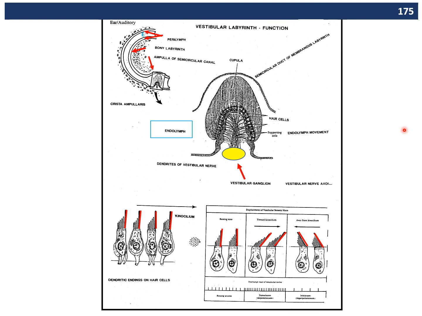You'll see those in the lab. There's a big ear model where you can appreciate the direction of the semicircular canals.